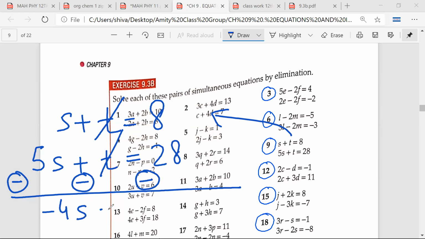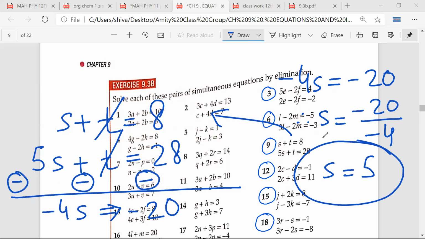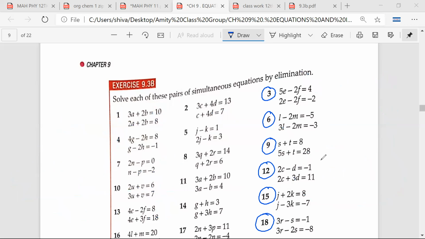Shabash. And that is equal to minus 20. Shabash. Minus 4S is equal to minus 20. Therefore, S is equal to minus 20 upon minus 4, which is equal to 5. Any doubts, Sanviji? No, sir. Please follow this method.